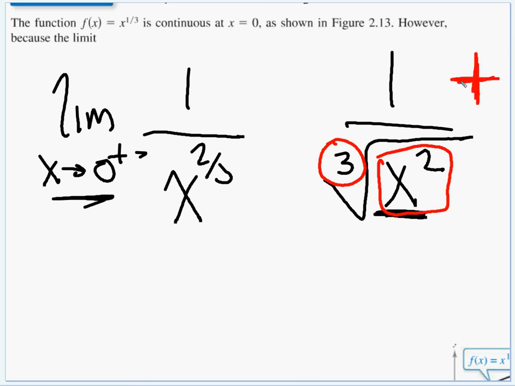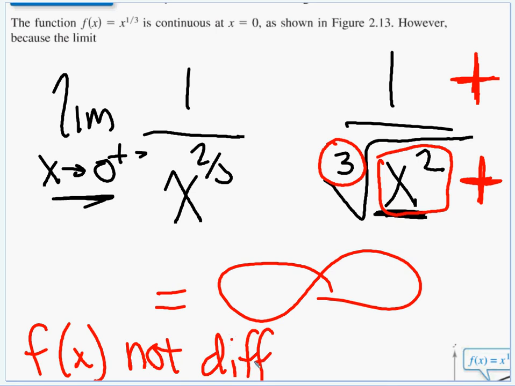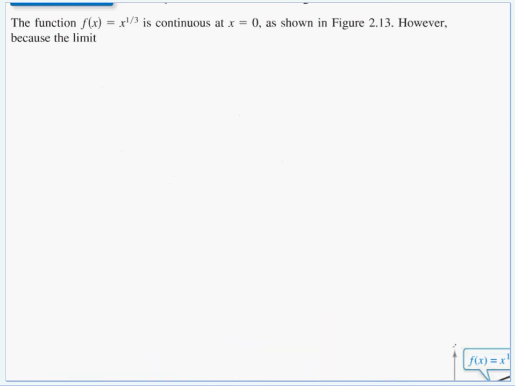Positive numerator, positive denominator. As we approach 0, this is heading for positive infinity, or a vertical tangent line. Remember, this would be a vertical tangent line, and we would say f is not differentiable at this point. f of x not differentiable at 0, 0.